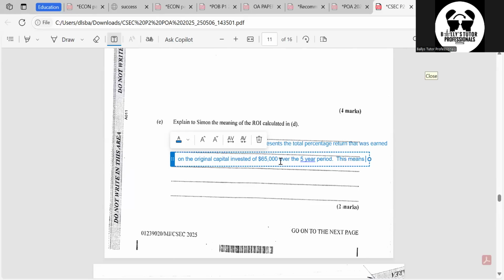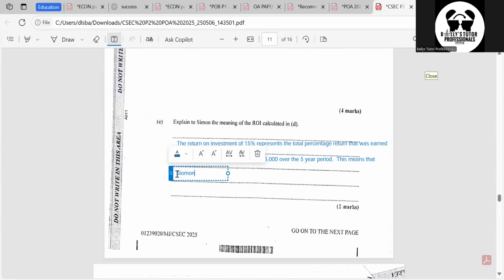This means that Simon earned 15% on his principal over 5 years.